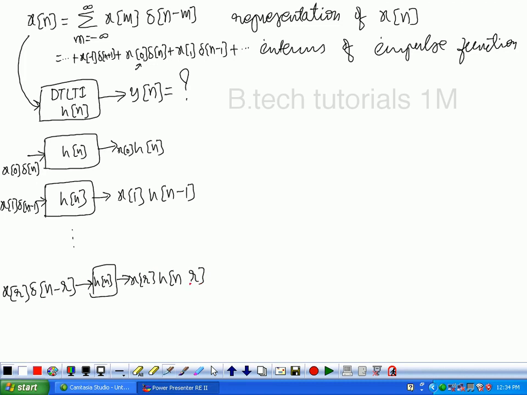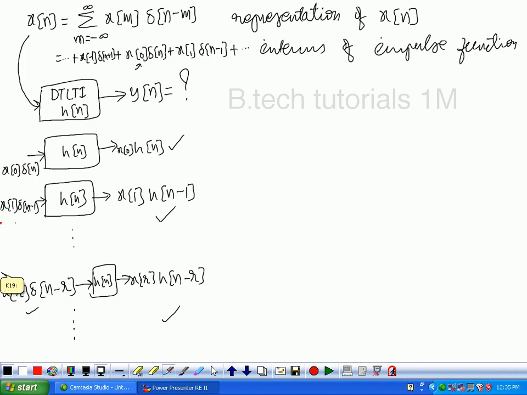This is the rth term. And like this it will continue. See, this is the response of the system for this input, this is the response for this input, and this is the response for this input.